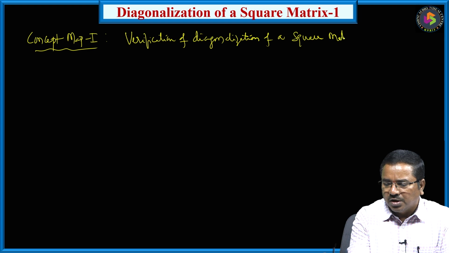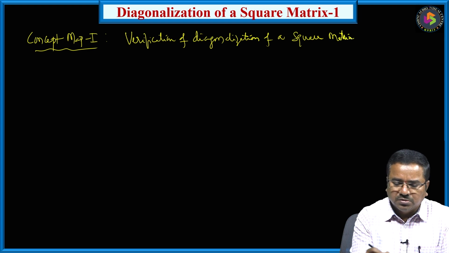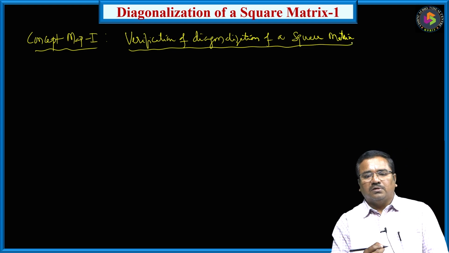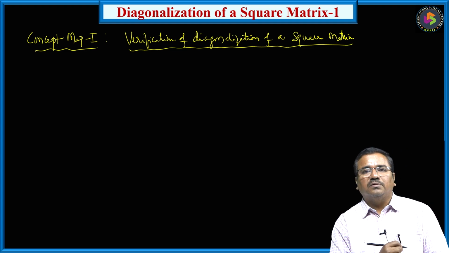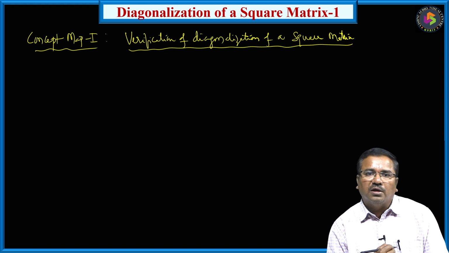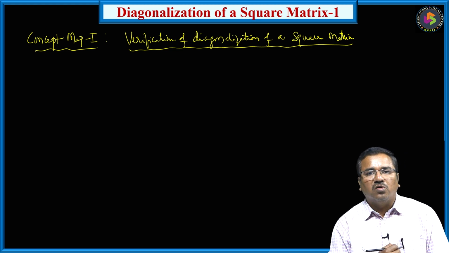Suppose we have a square matrix. Most students get confused about verifying whether the matrix is diagonalizable or not. But after this concept map, I hope you will understand clearly when the matrix is diagonalizable or not.